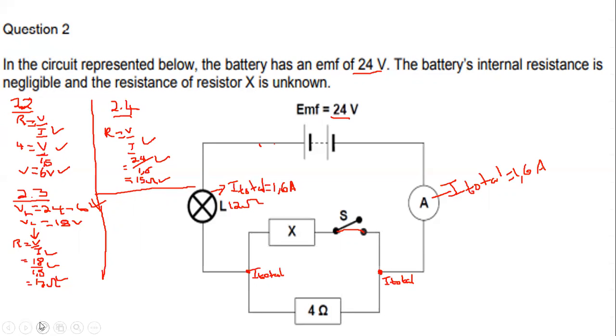You can actually say the total resistance of the circuit is given by the resistance of the resistors in series plus the resistance of the resistors in parallel, because I have this lamp in series, I have this in parallel.